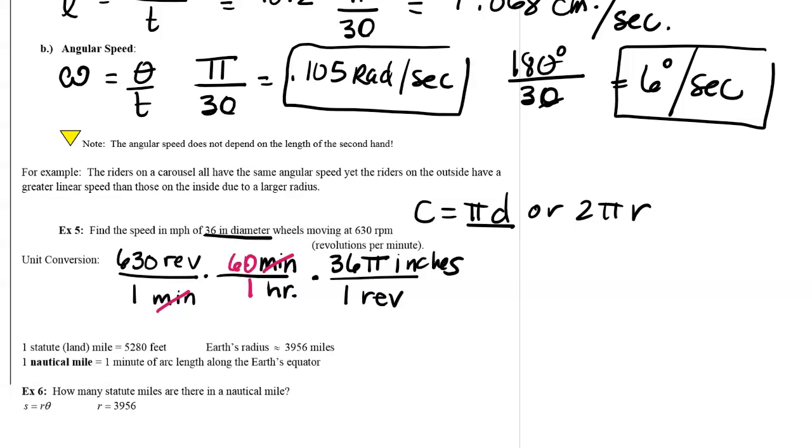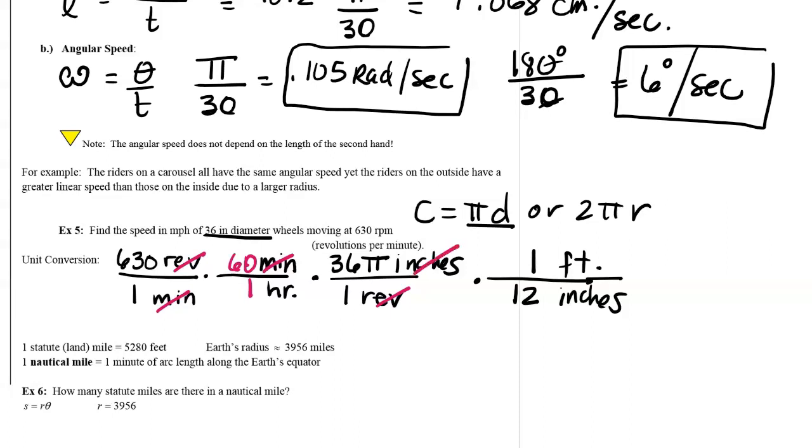Now you can see that my revolutions are going to cancel with my revolutions. But right now I have inches per hour. So I want to change inches to feet, and then after we do this, we'll go from feet to miles. We know there are 12 inches in 1 foot.